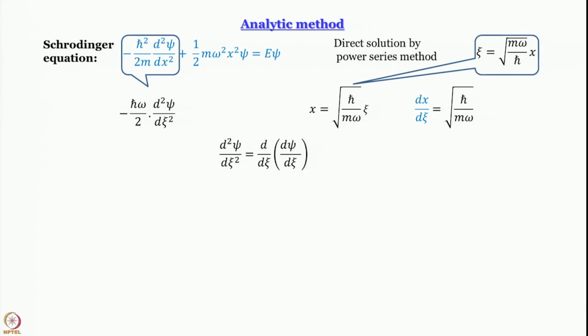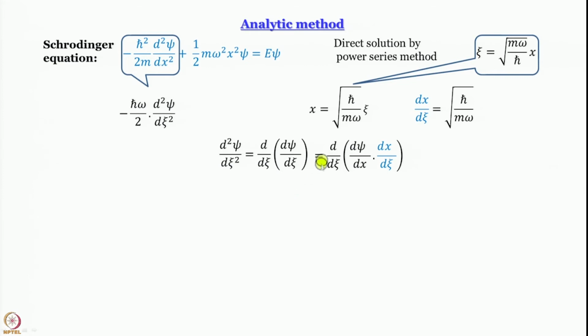Now, what we want to know is d2 psi d xi 2, because d2 psi d xi 2 is there in the kinetic energy term of the Hamiltonian. So, d2 psi d xi 2 is equal to the derivative with respect to xi of d psi d xi. So, what is d psi d xi?